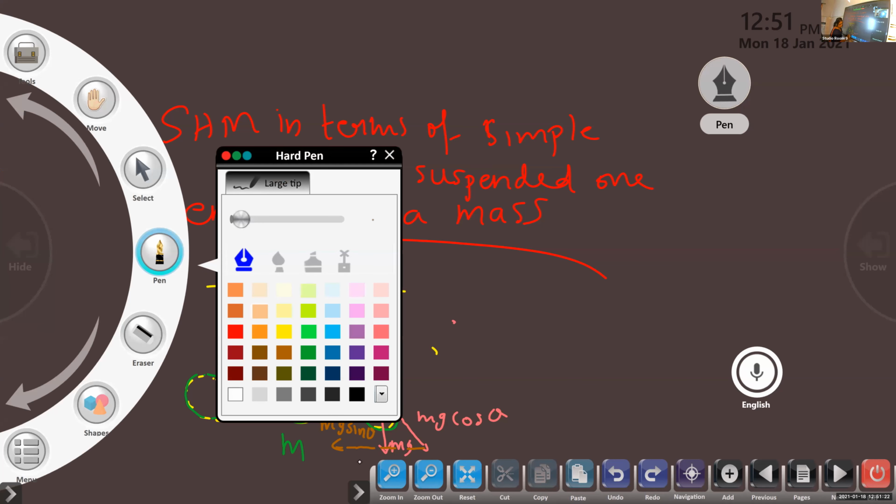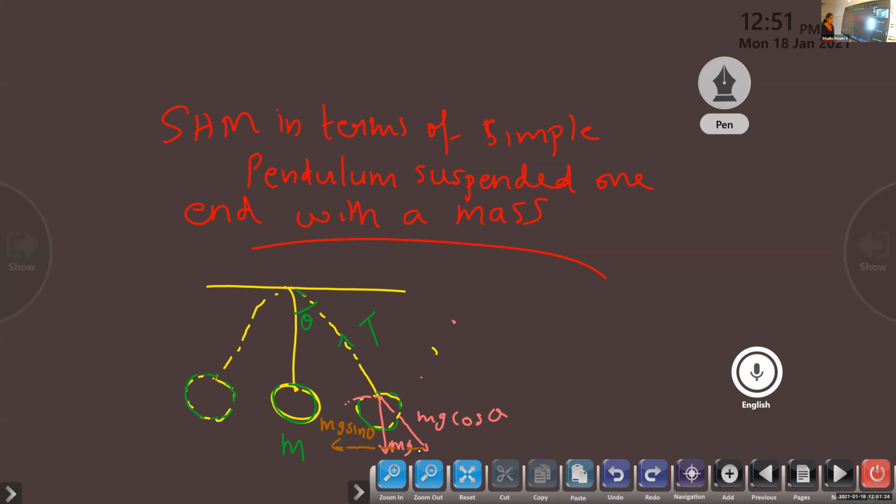So these two are making a parallelogram. This is mg sin theta, mg cos theta. And L is the length of the simple pendulum.